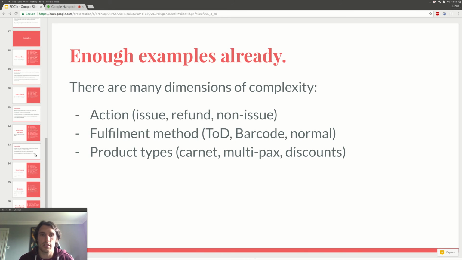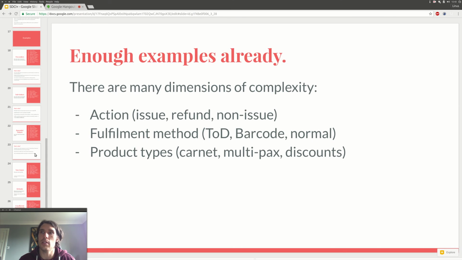So in all of these examples, TOD is different. Barcodes are different, and then the third and last layer is the individual product types. So your question about multi-passenger tickets, yes, they can be different. Carnets are very similar to multi-passenger tickets in SDCI Plus terms, and discounts. The way you implement discounts is fairly straightforward for percentage discounts, but flat rate discounts involve additional sundries and things like that.